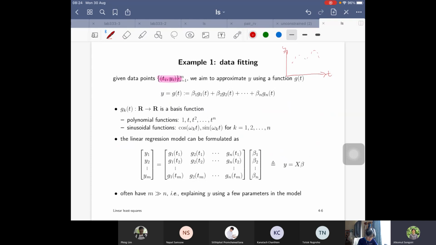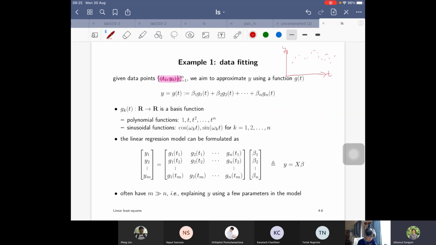You get basically data points maybe from experiments, like a lot of physics experiments. You measure two quantities, like time and velocity. You look at the hardware, measure the velocity, and then you collect the data points, right?